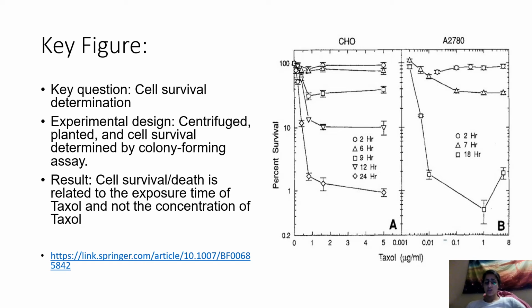For hamster cells, it hit a plateau around 0.8 to 1.6 micrograms per milliliter, whereas in human cells, the plateau was at 0.01 micrograms per milliliter, which indicates that there is a consistent sensitivity and resistance to Taxol, and that the survival pattern in the cells killed seems to relate more to an increased exposure time versus increased concentration. But regardless, we do still see that Taxol does decrease cell survival.